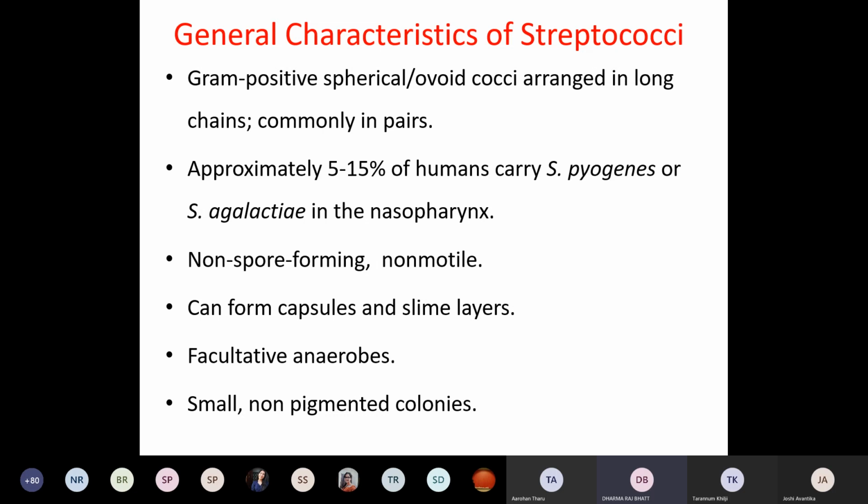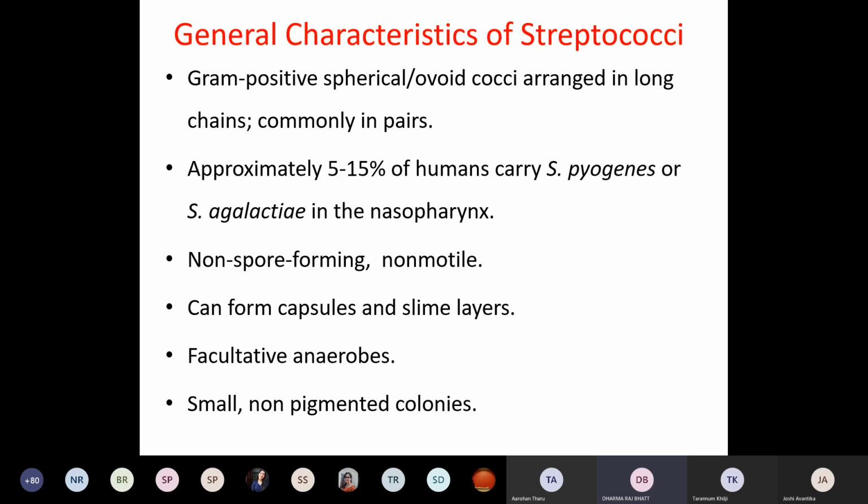Many of these things you all must be knowing, the general characteristic features of streptococci. These are gram-positive spherical cocci, which are generally arranged in chains of variable length. Some are in short chains, some are in long chains, and sometimes we even find them in pairs.